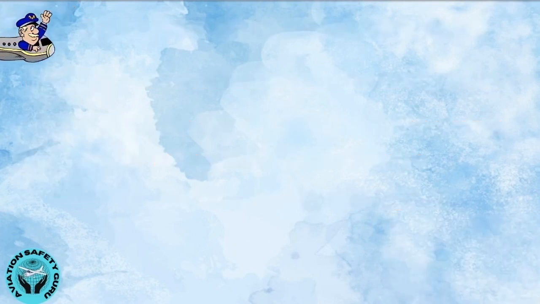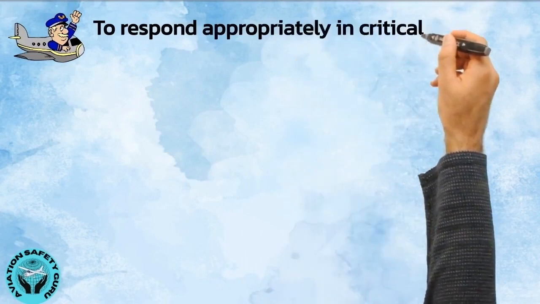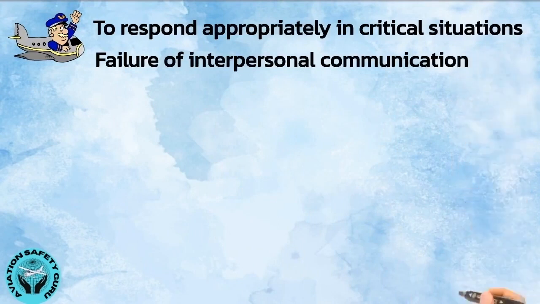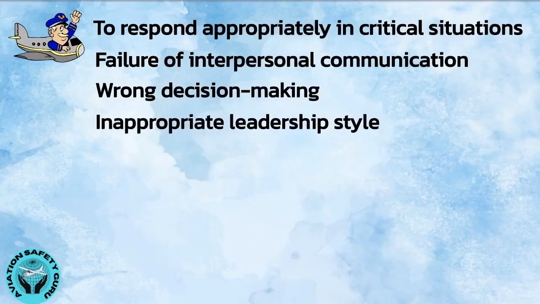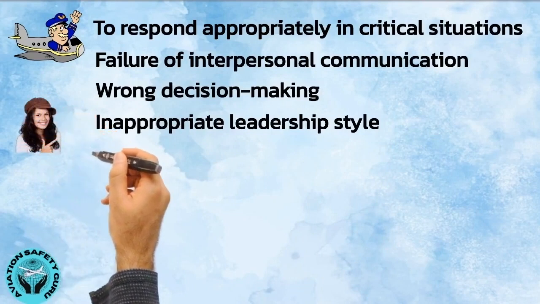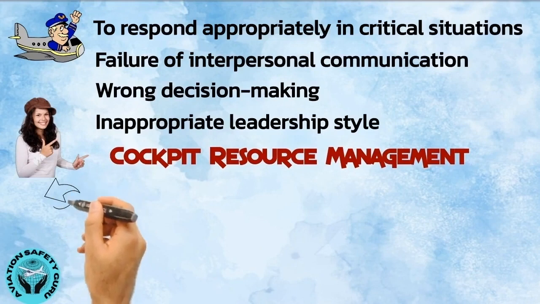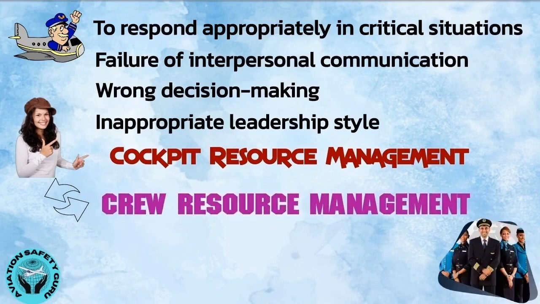Instead, these are caused due to inability of the aircrew to respond appropriately in critical situations, failure of interpersonal communication, wrong decision-making, or inappropriate leadership style. Therefore, on the conclusion of the workshop, the term cockpit resource management was coined, which was later changed to crew resource management.